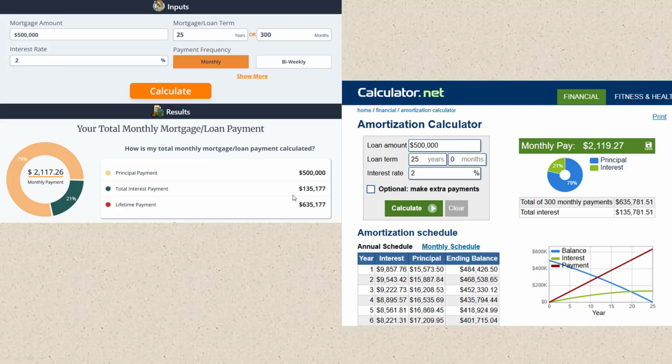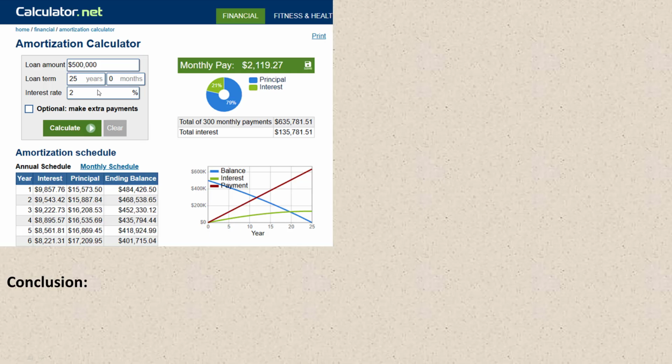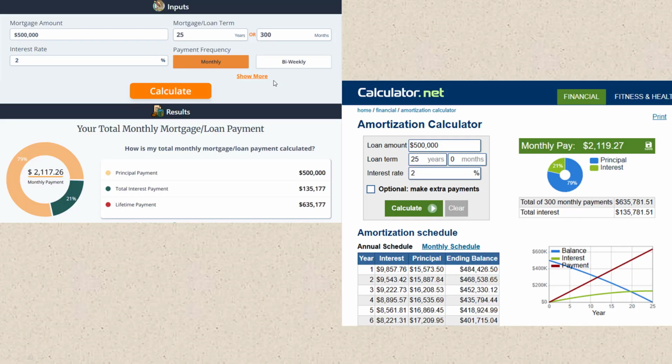The total interest paid is $135,177 versus $135,781, so it's only off by a little bit. But this one you actually can make a down payment or extra payments and see the effect that it has. So that's why I'm using this particular website. This is the standard one, same as these two back here.